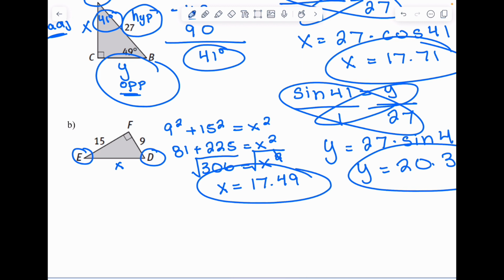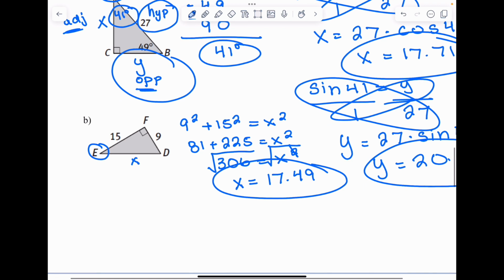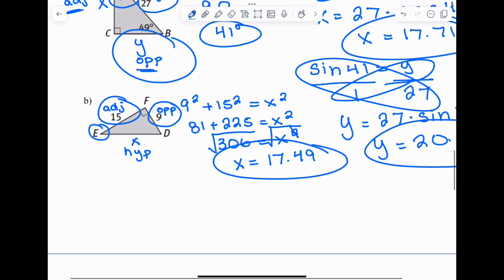Now I have to find angle E and angle D. I'm going to start by finding angle E, which means I need to label my sides from the perspective of angle E. So 9 is my opposite leg, 15 is my adjacent leg, and x is my hypotenuse. They give me the opposite leg and the adjacent leg. So if I have opposite and adjacent, I'm going to use tangent.